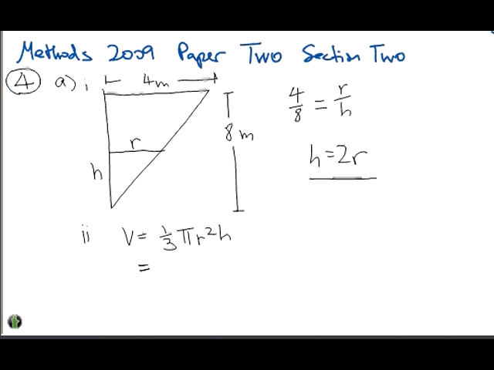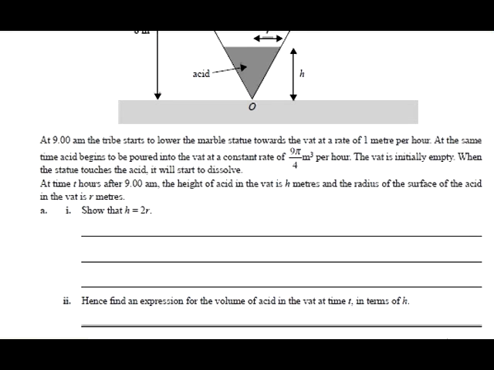This is confusing actually, but ignore t, because you just want to find volume in terms of H at time t. The volume in the vat at time t is just the volume, and t hasn't been mentioned yet. Be clever and ignore the t.